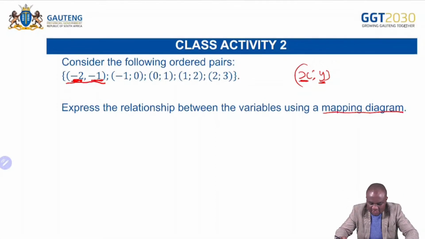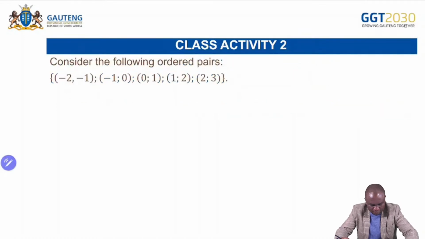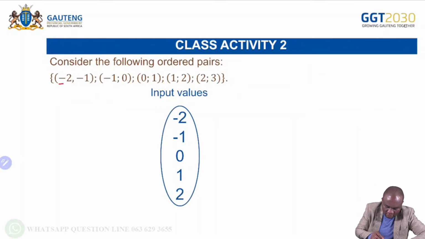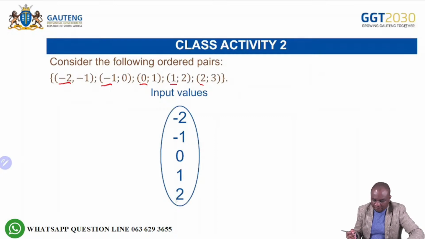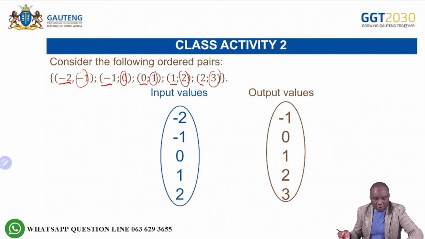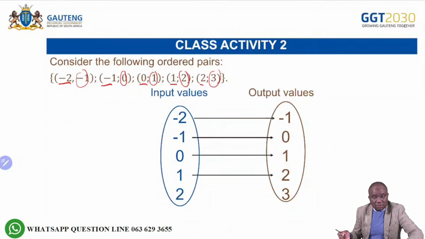Welcome back. Let's mark our work. In the mapping diagram, we have the input values: -2, -1, 0, 1, 2. Then we have our output values: -1, 0, 1, 2, 3. -2 will give us -1. -1 will give us 0. 0 will give us 1. 1 will give us 2.